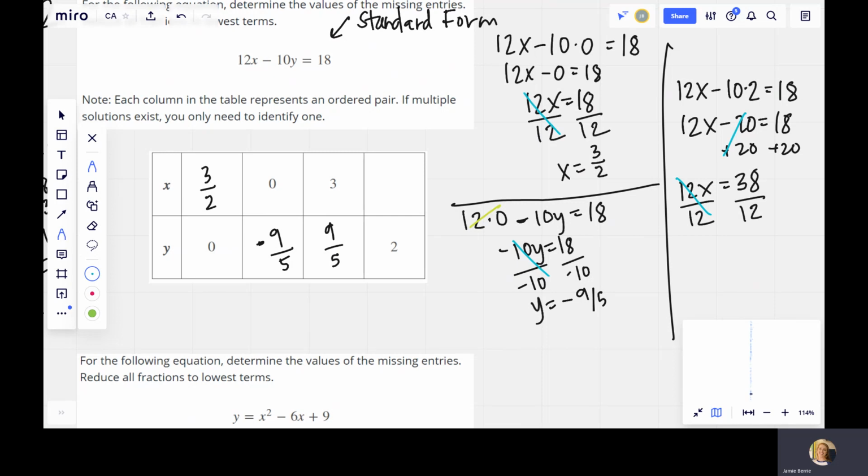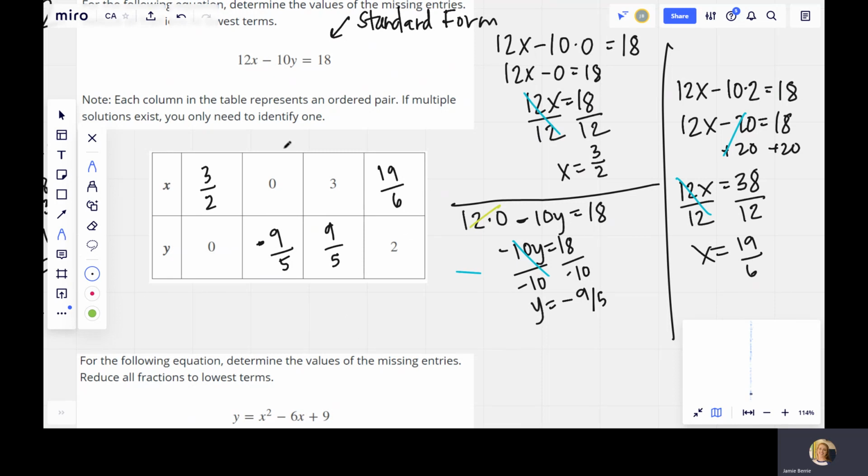Remember, if you're using a Texas Instruments calculator, you convert it to a simplified fraction by hitting the math button, and the first option has a little arrow and says frac. That means convert it to a fraction. So that reduces to 19 over 6. All right, let me try that again with the black. So x is 19 over 6. Perfect. And there's our completed table.